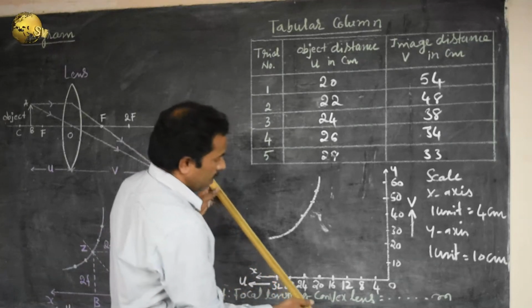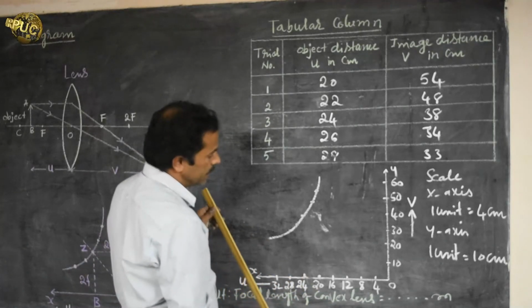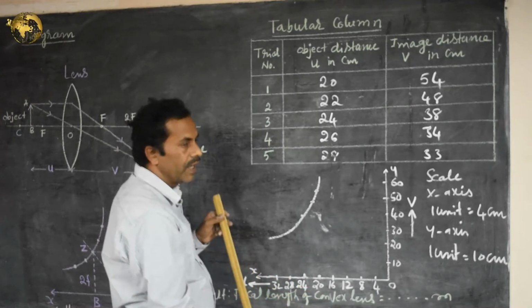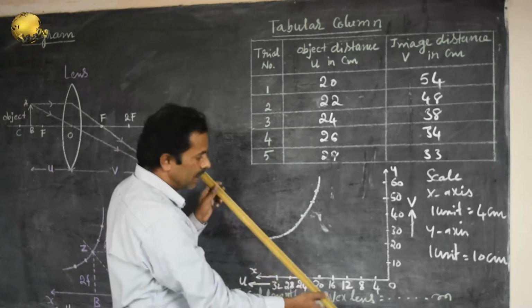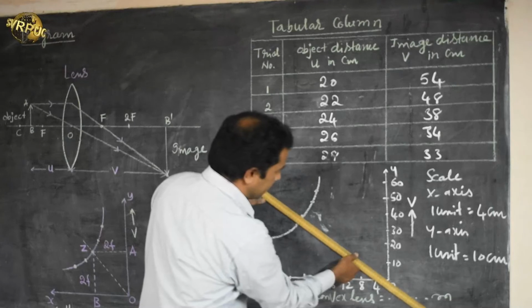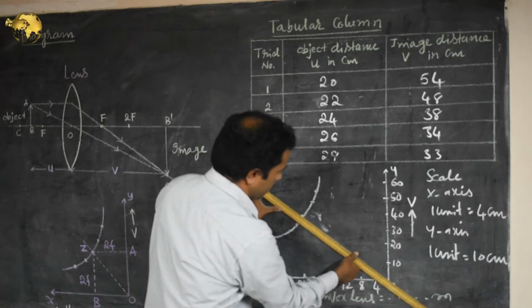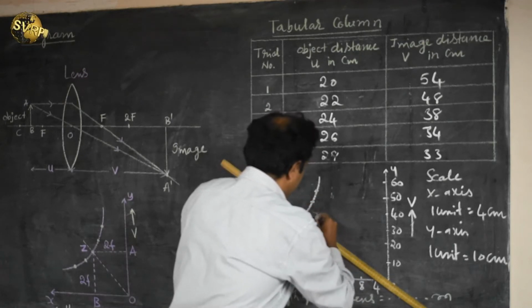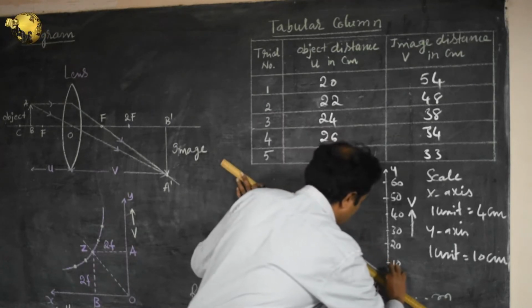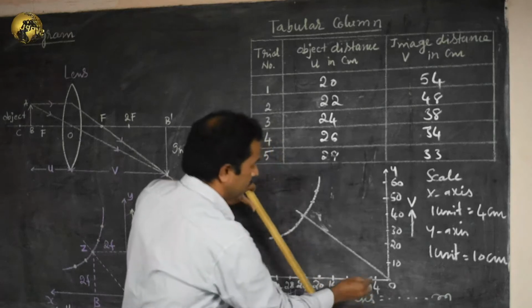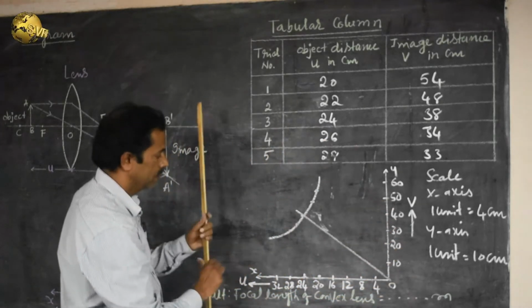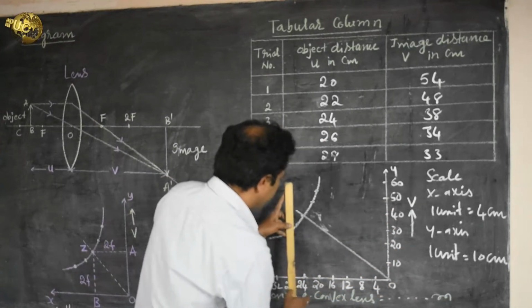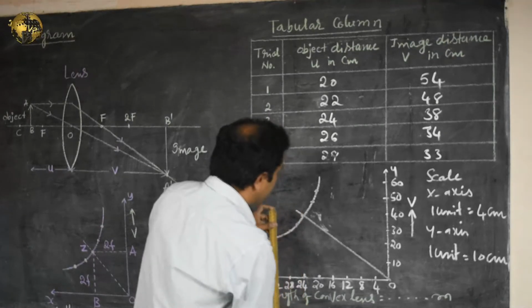Now let us draw a line from the origin at an angle of 45 degrees with the x and y axes.